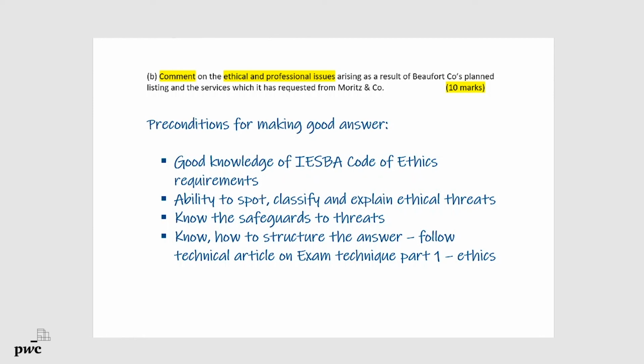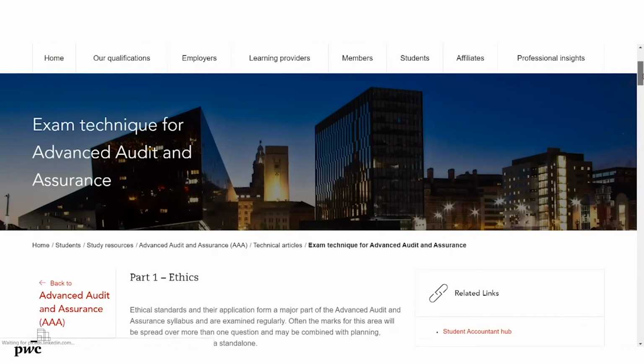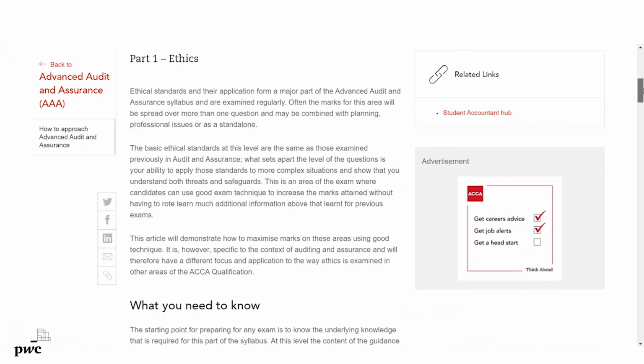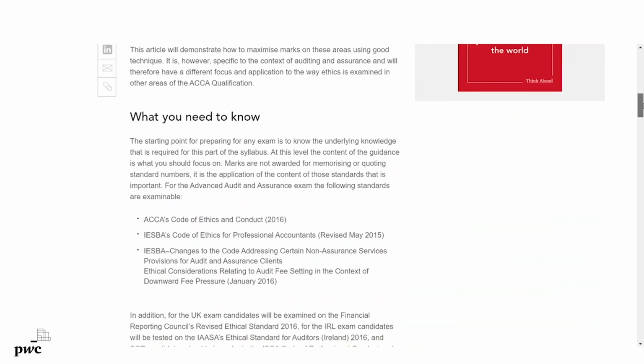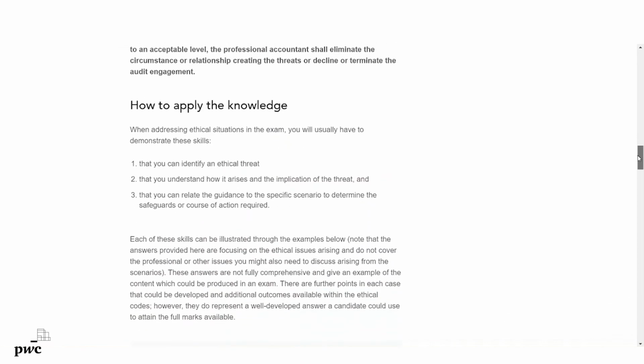And it is also good if you know how to structure your answer so that it scores most of the marks. Well, for this purpose, the examining team prepared a technical article on exam technique, and you can find it on accaglobal.com. So this is this one, Exam Technique, Part 1, Ethics. I strongly recommend that you go through it as a part of your preparation for the exam. It tells you what you need to know, and it also tells you how to apply the knowledge.